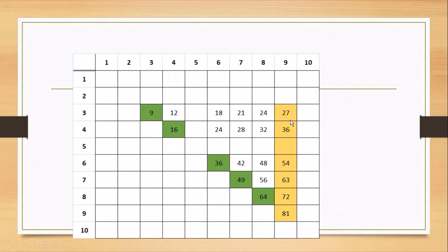Okay, so let's see what we have here. We don't have to memorize multiplication by 1, multiplication by 2, multiplication by 10, or multiplication by 5. So we are left with all these numbers. These are all the numbers that you really need to memorize.